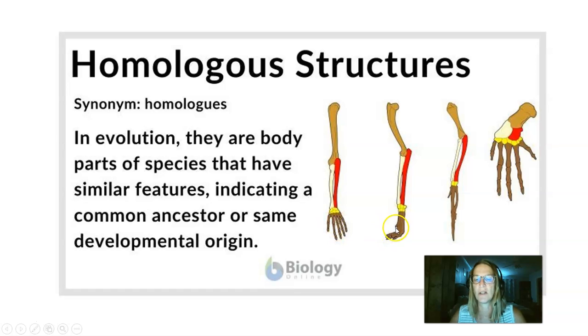In some cases, they're elongated, maybe angling a different way. Sometimes they're shortened, but the bones are there in every one of these forelimbs. That implies that we have a common ancestor that had these bones, and then those bones were modified in all the different lines that split off from that common ancestor. So that's how homologous structures support the theory of evolution.